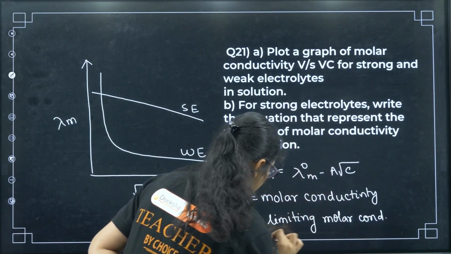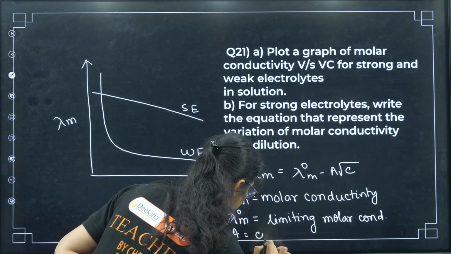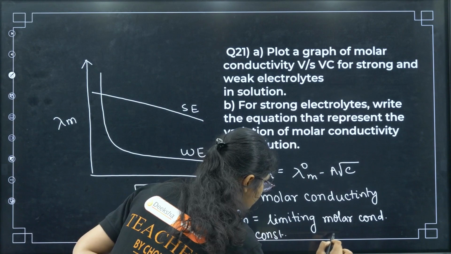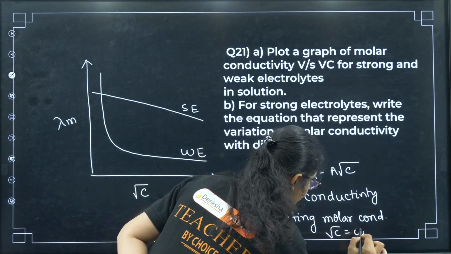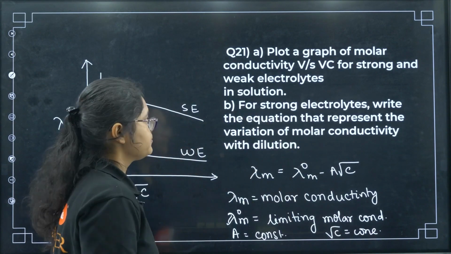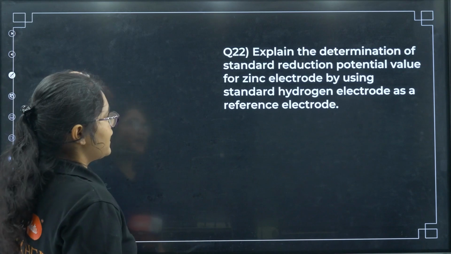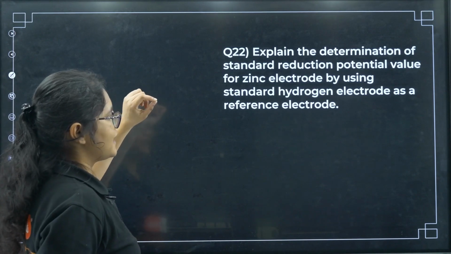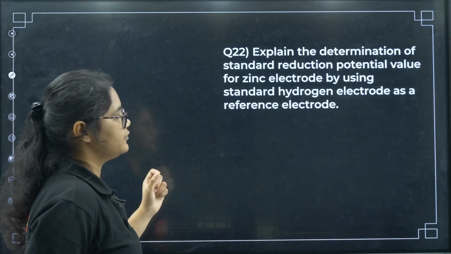Then A is your constant, and root over C is the concentration. Clear?